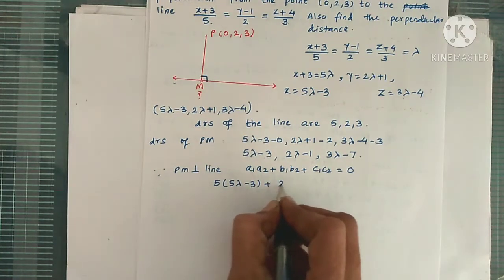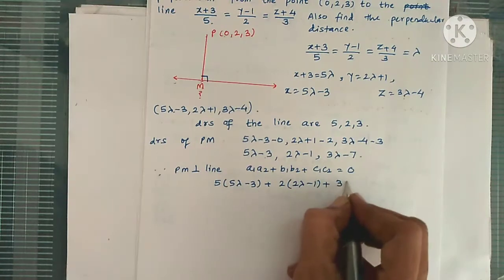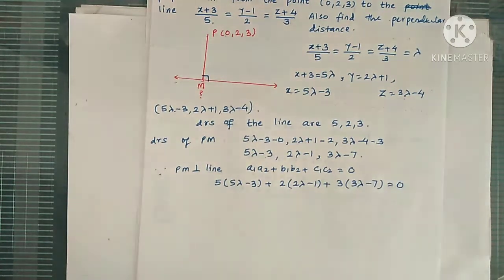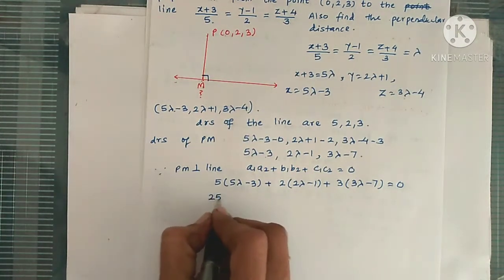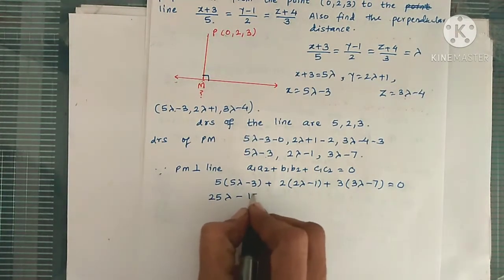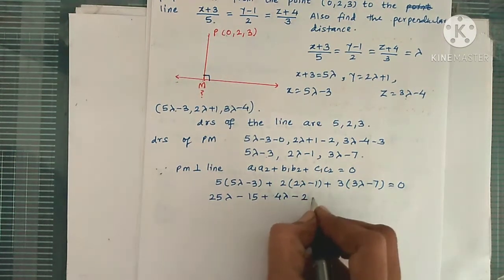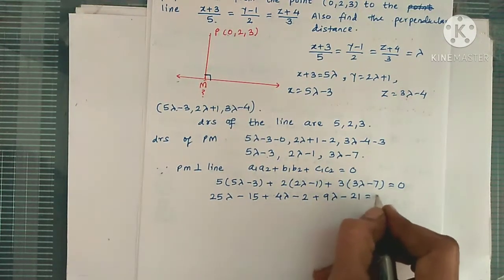The next one is 2 into (2 lambda - 1), 3 into (3 lambda - 7) equal to 0. So solving this, we will get the value of lambda. So that is 25 lambda - 15 + 4 lambda - 2 + 9 lambda - 21.